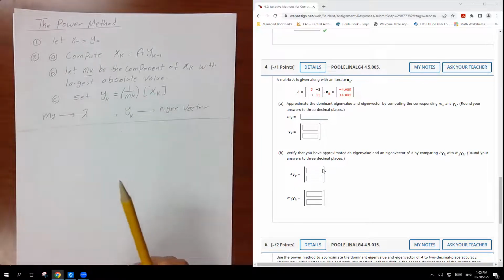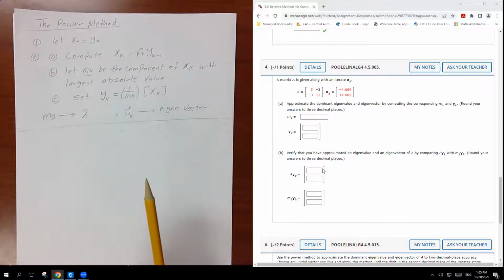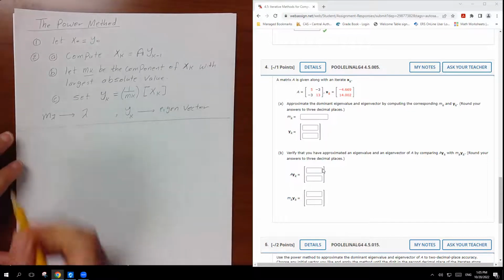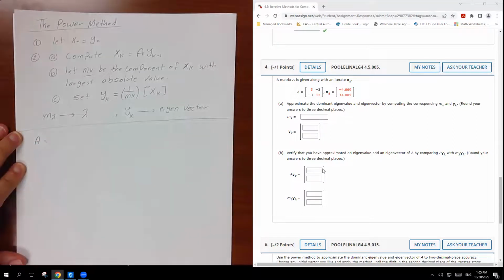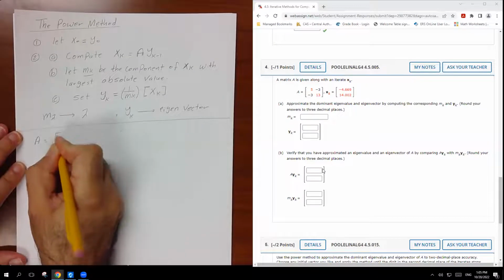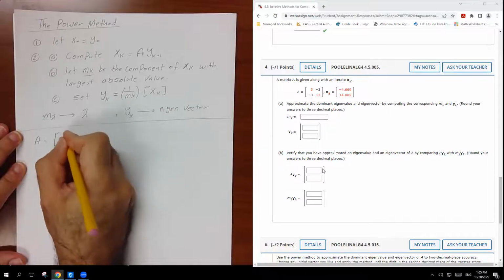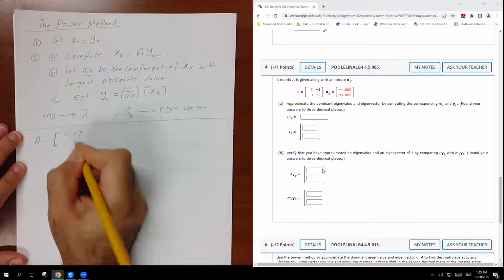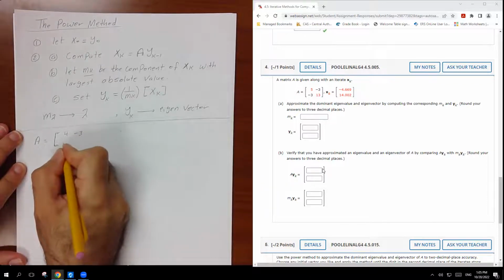Let's do an example, but I'm trying to give you different numbers, because I think this one is going to be the same thing. So if we have the matrix A is 4, -3, and -3, 12.